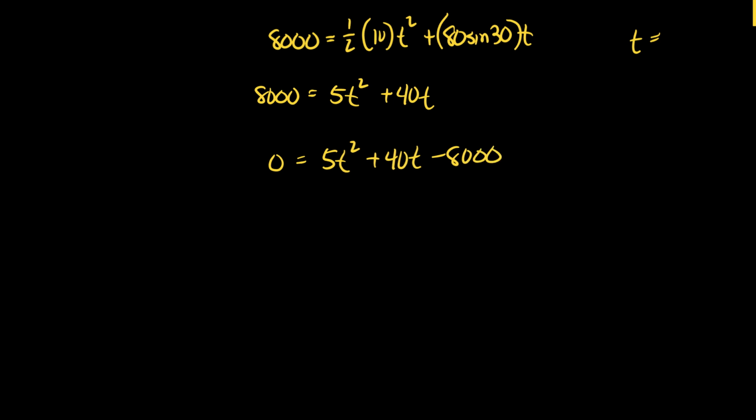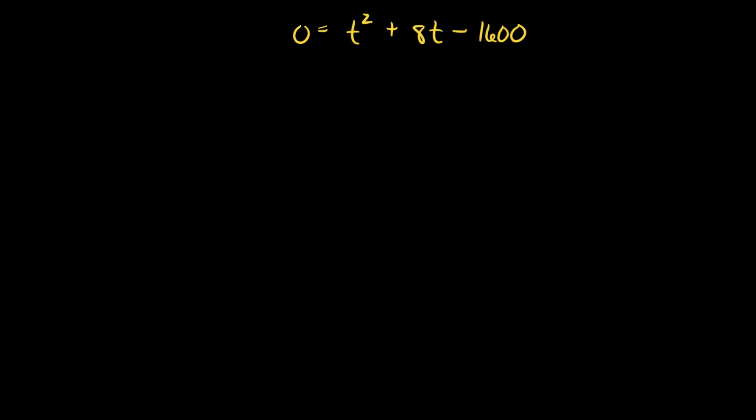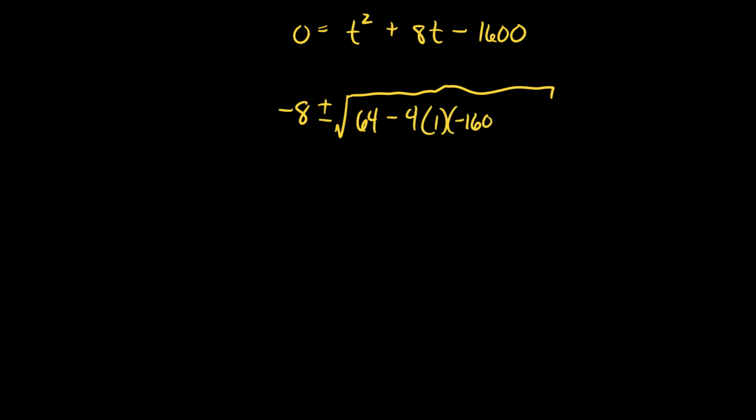I can divide them all by 5, so that will be t squared plus 8t minus 8,000 divided by 5, which is 1,600. Negative b plus or minus the square root of b squared minus 4ac, divided by 2a.